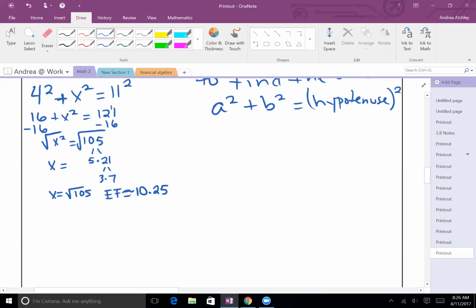And it's about 10.25. We're going to use our calculators to find it, because it makes it a little easier. Any questions over that? We're all good? Okay, so we found all the sides, now we just need to find the angles.